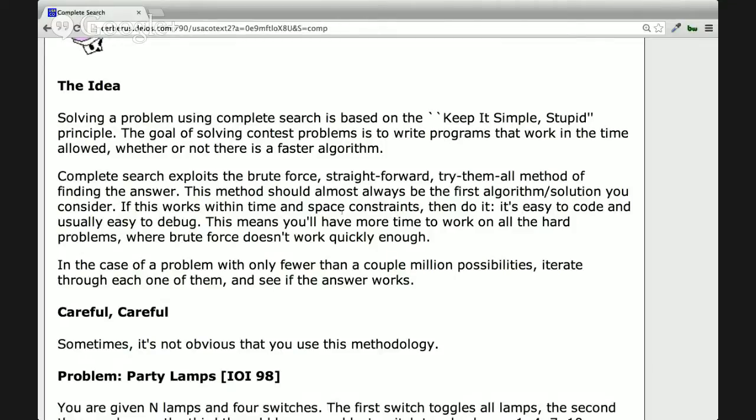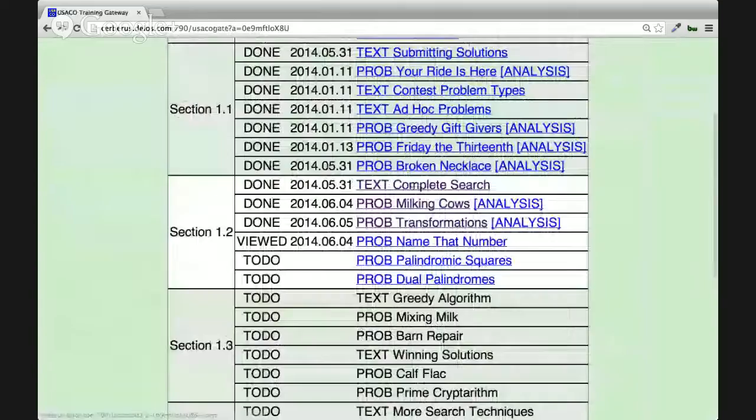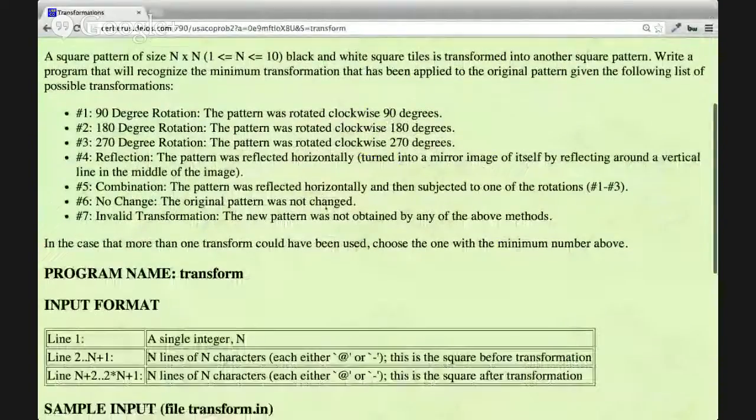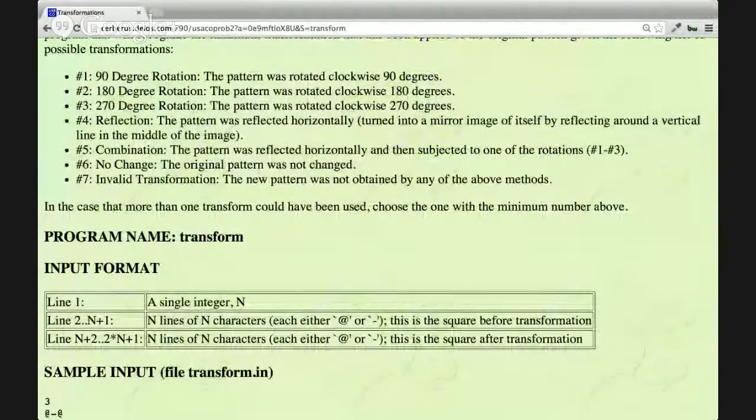Now we will continue to the second part of the questions. The second question is about transformation.